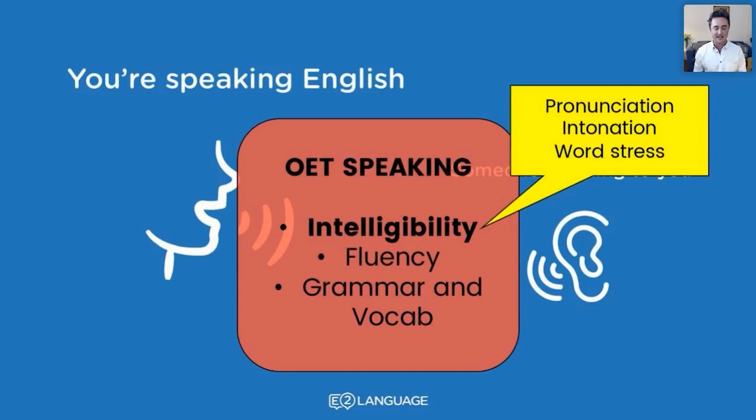Intelligibility also consists of word stress, and this is particularly interesting because basically you can split all of the languages in the world into two groups. There are those that use word stress. That is that they place a specific emphasis on a specific syllable inside a word. Like, for example, let's look at the word intelligibility. Intelligibility, the emphasis goes on the t sound there.